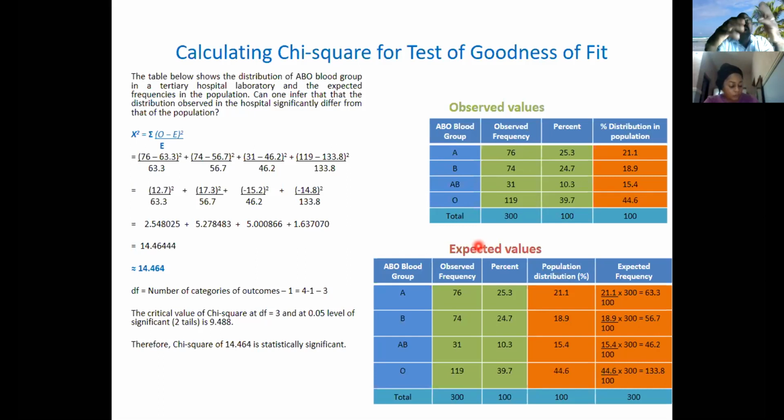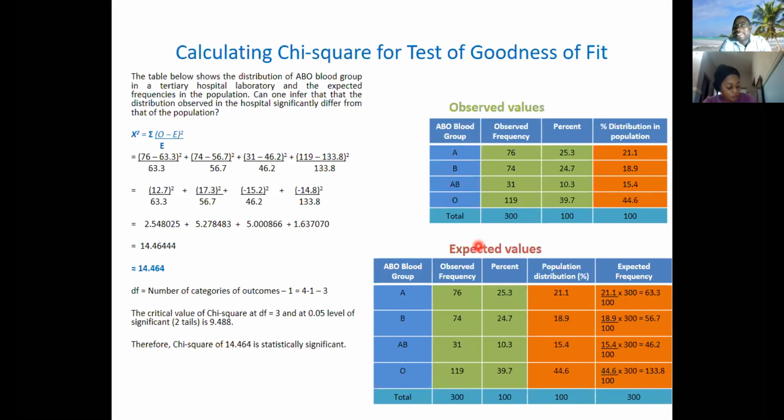So what it's telling us, the interpretation of the result, is that the distribution of the ABO blood group in your hospital is far different from the one in the population. Of course, you expect that, because people that go to a tertiary hospital are not representative of the population.